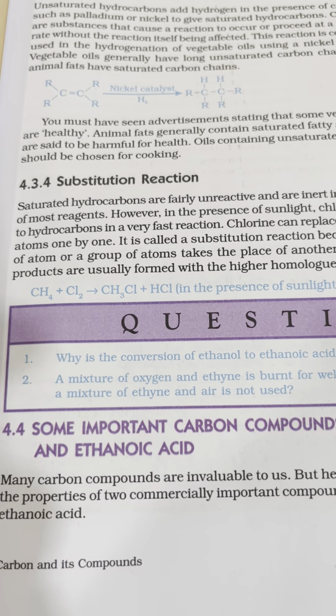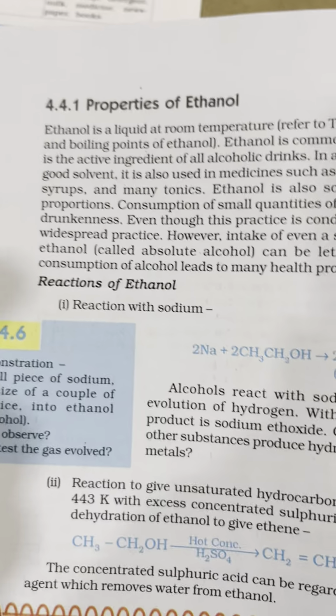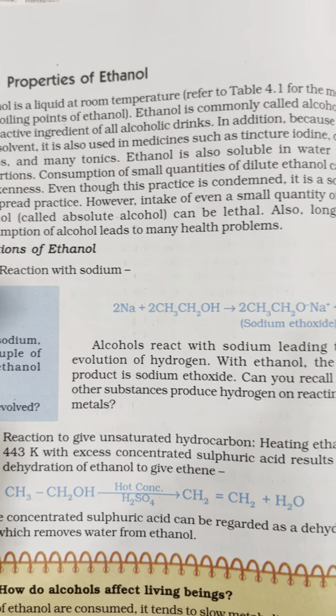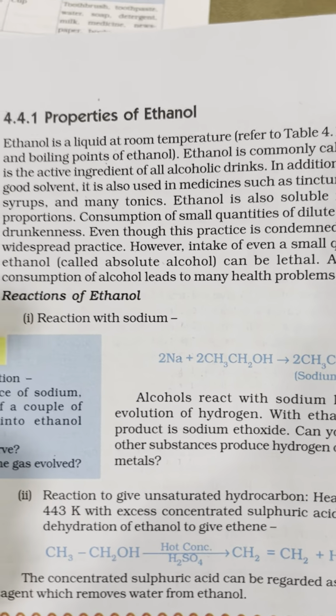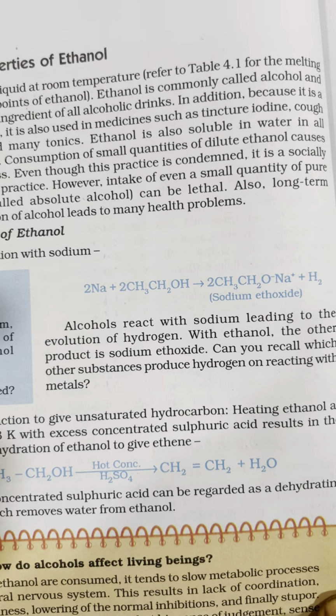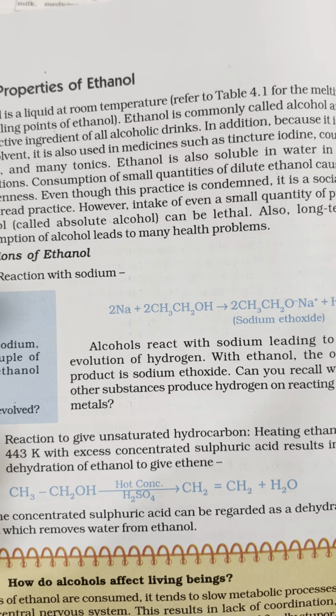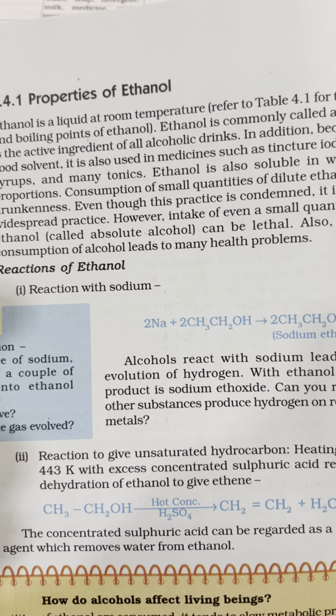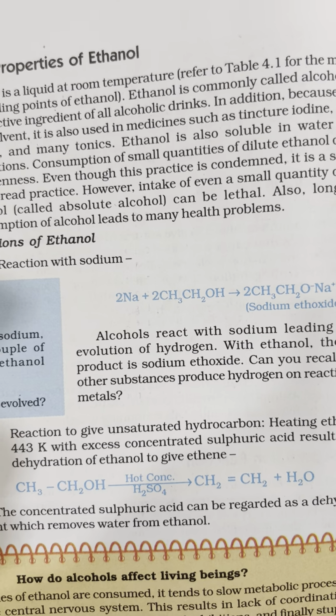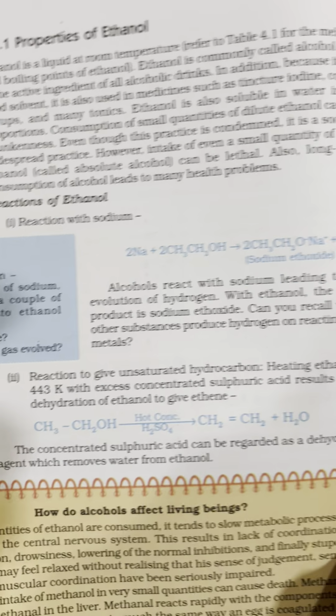Some important carbon compounds: ethanol and ethanoic acid. Properties of ethanol. Ethanol is a liquid at room temperature. For melting and boiling points of ethanol, see the table. Ethanol is commonly called alcohol and is the active ingredient of all alcoholic drinks.